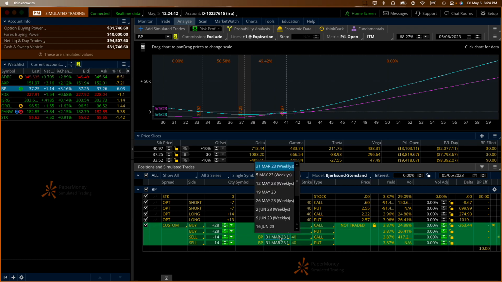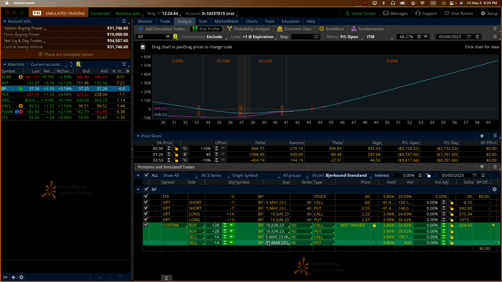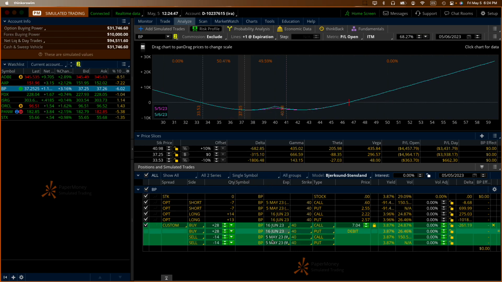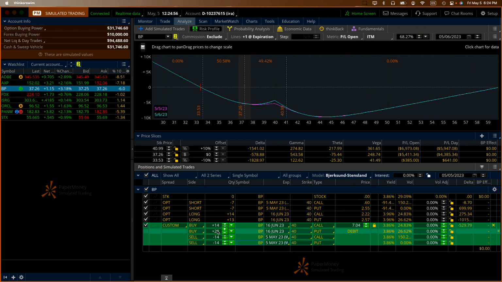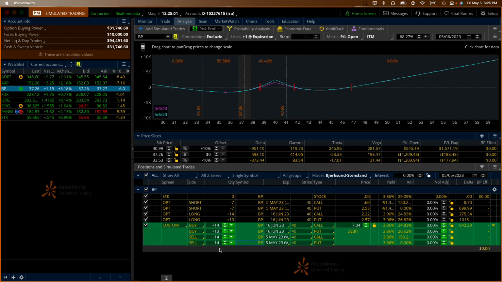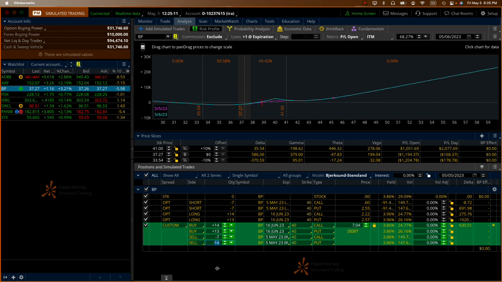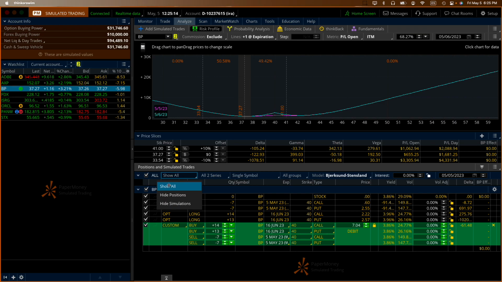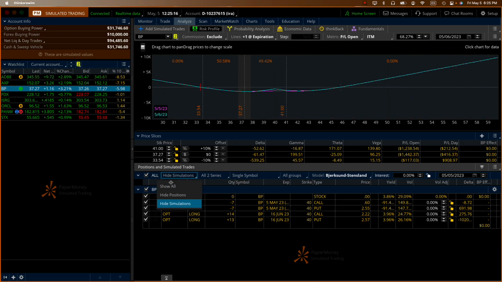And we have May 40 calls, and as you can see, we have the calls, we have 14, the puts, we have 13, the short calls, we have 7, and short puts 7. That's the new trade after all the adjustments we did.